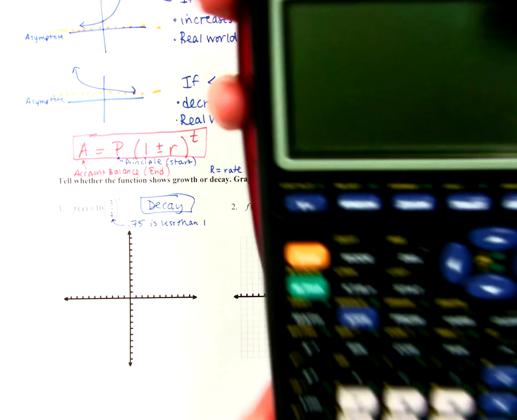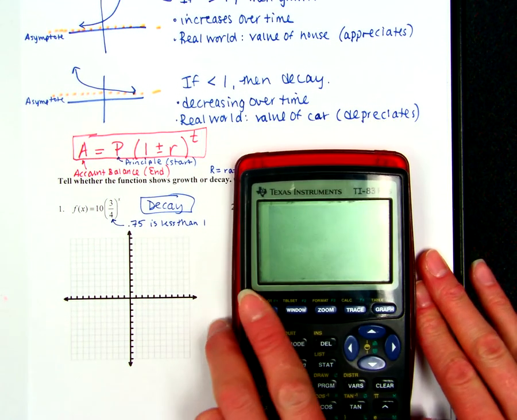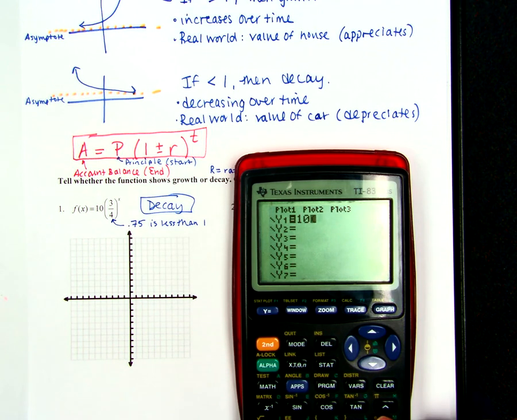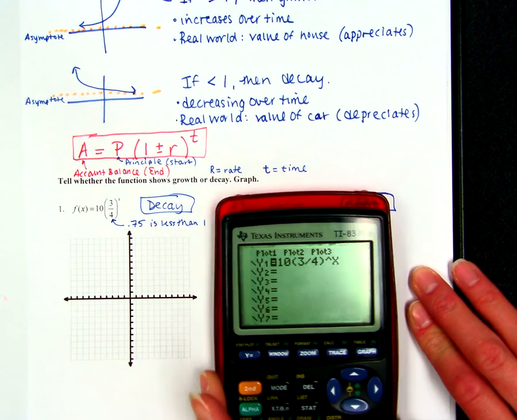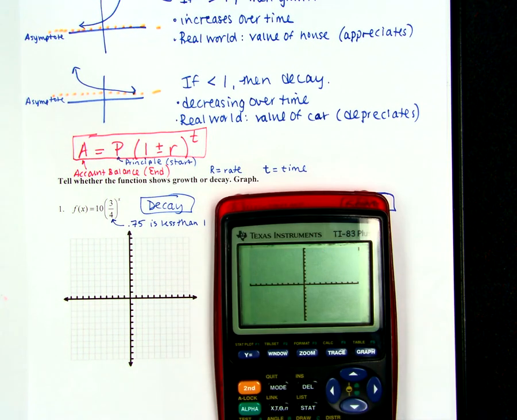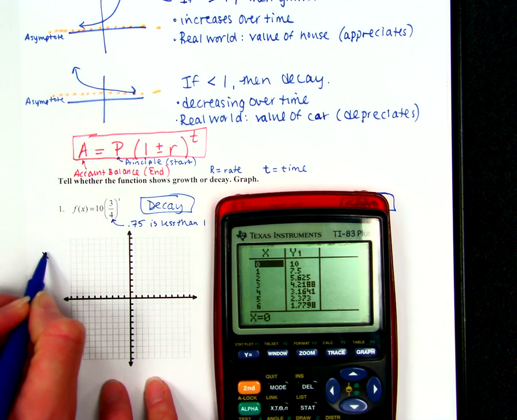For number 1, you're going to just type in the equation. You're going to go to y equals and type in 10 times 3/4 raised to the x power. Then we're going to graph it. We just need to plot a few points so that it replicates that on our graph paper, so you're going to go to your table and make a table of values.